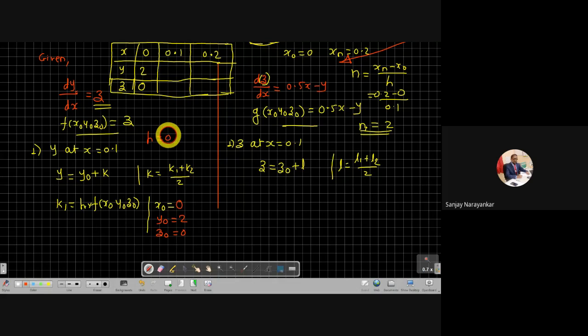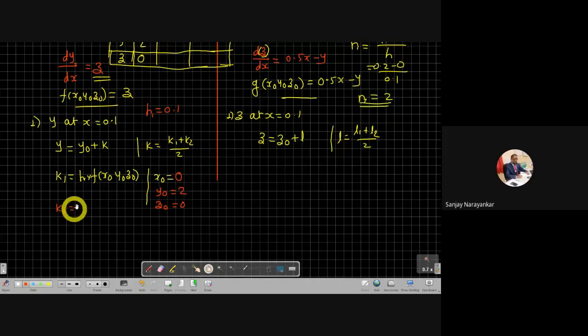H already given 0.1. So can we find out k1 here? सांगा कसं k1 फाइंड कराल? H is 0.1 into. So what is the function? F of x0, y0, z0. What's this function? It is equal to z.